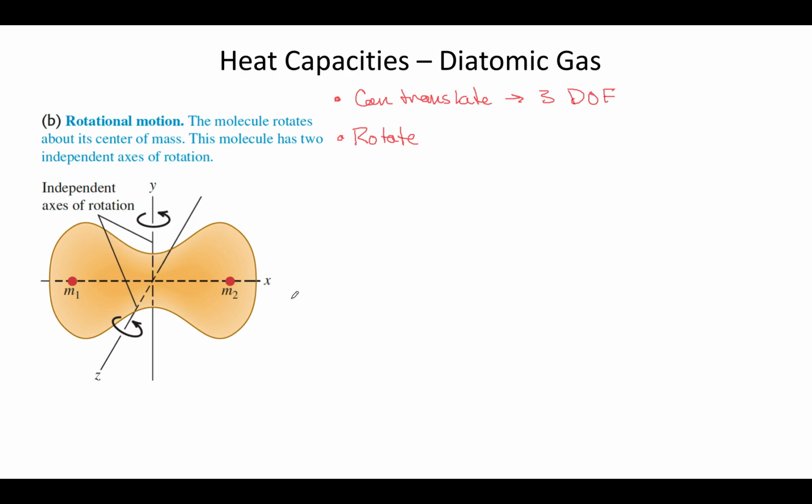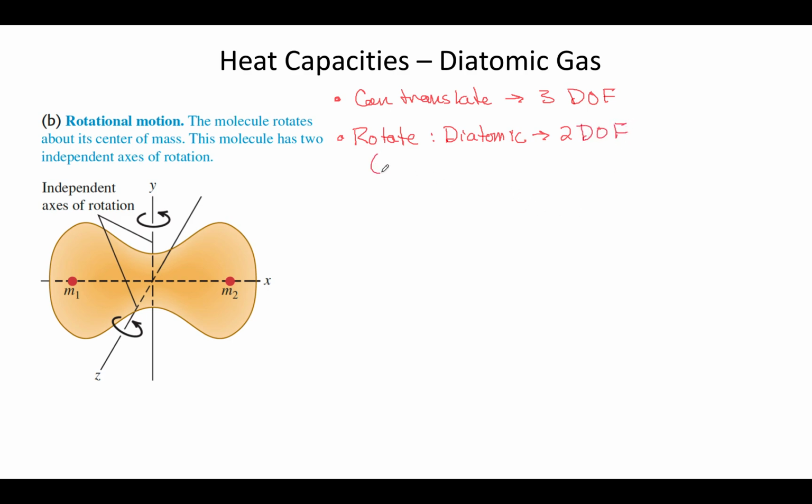There is no real rotation. Right, the energies would have to be ridiculously high to excite that mode. But you can rotate about both this y-axis, this y-symmetry axis, and the z-symmetry axis. So for the diatomic, right, it gets more complicated with the polyatomic. For the diatomic, you have 2 degrees of freedom to rotate.